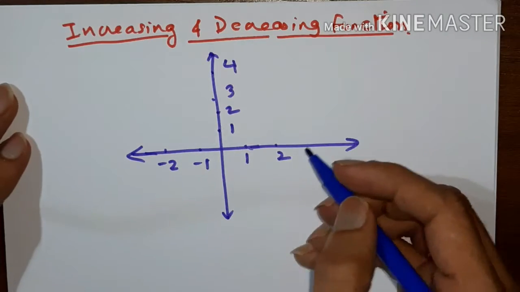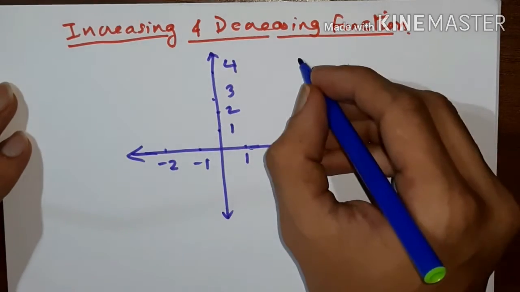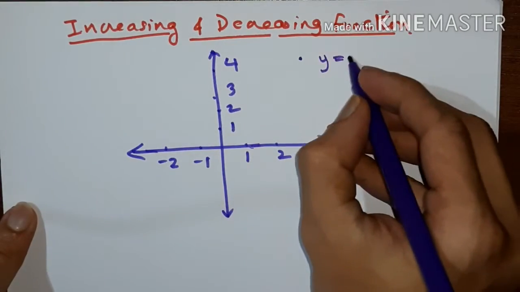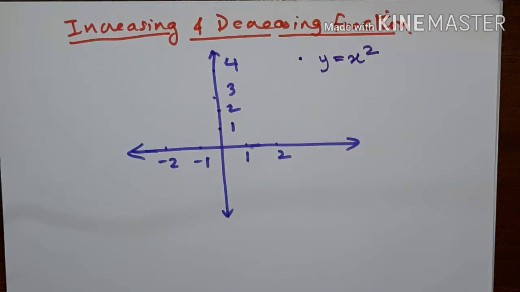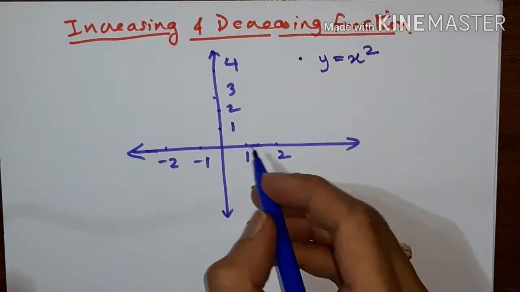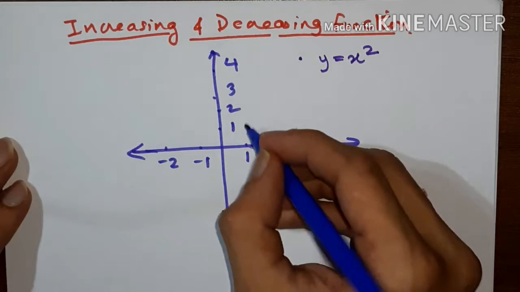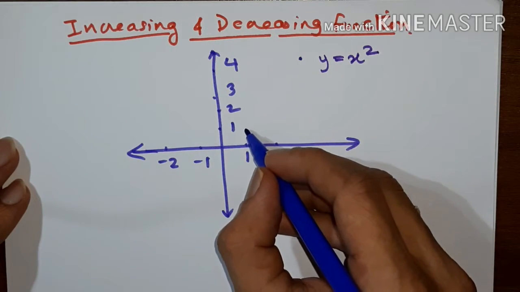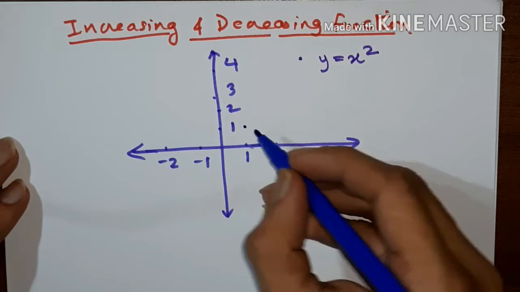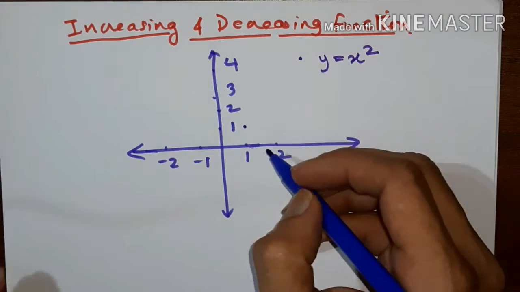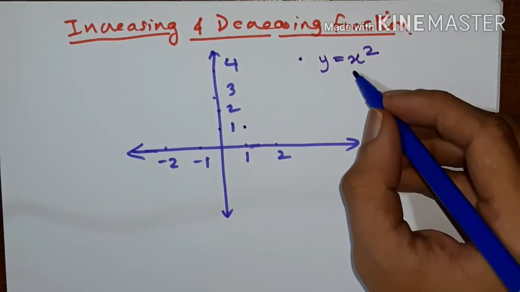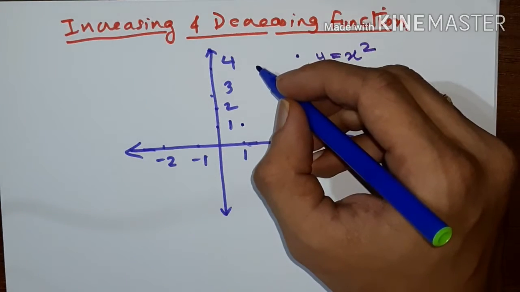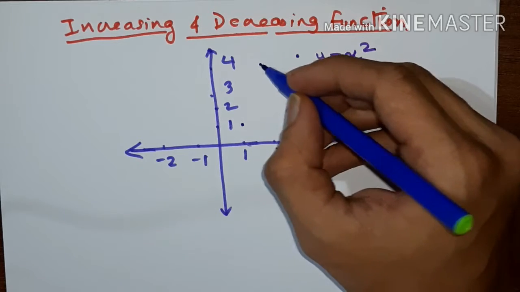If you look at the graph of y equal to x square, if you take the point 1 in the domain of the function, you will get the function value 1 square, that is 1. So the point will be here, 1 comma 1. Now if you take the next point 2, 2 square is 4. So the function value is 4, so the point will be here.